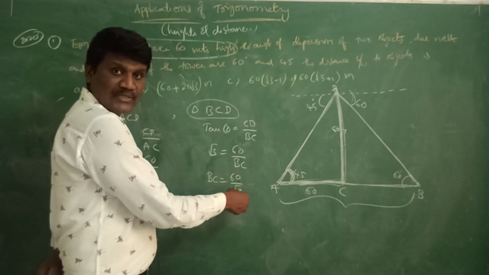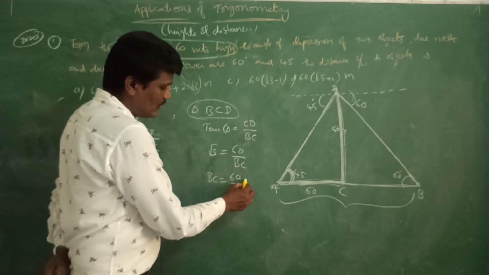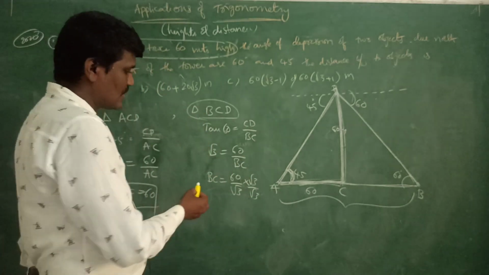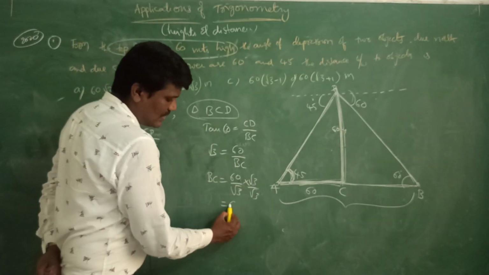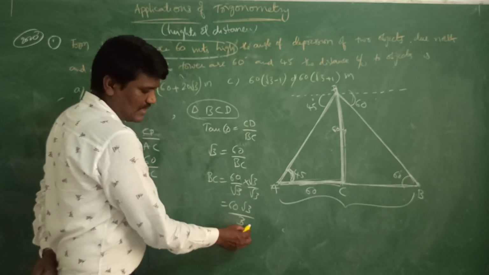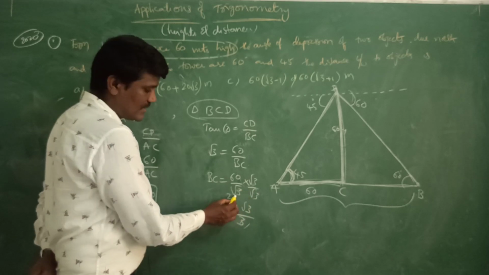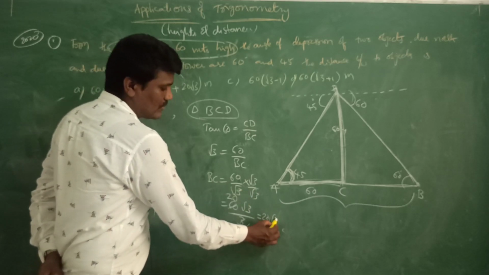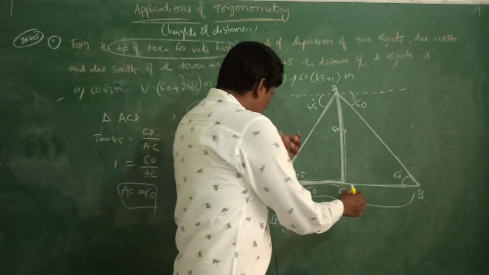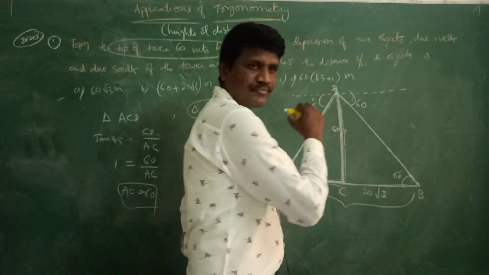Whenever you get root 3 in the denominator, what you need to do? You need to do the rationalization. 60 by root 3 will be 60 root 3 by root 3 into root 3, which is 3. So 3 twenties are 60, so this is 20 root 3. One is 60 and one is 20 root 3.